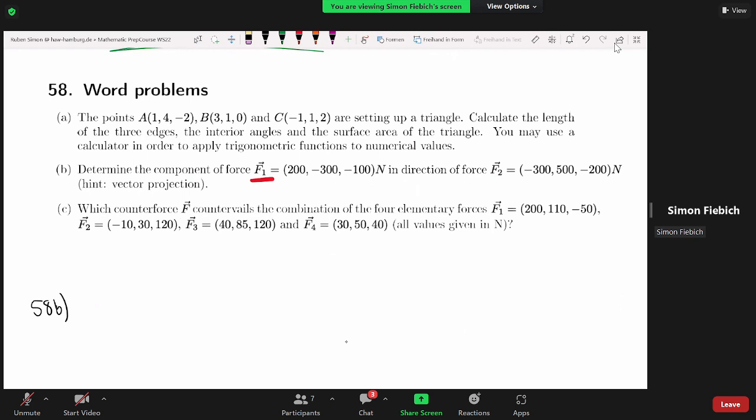So whenever there is a force, you will always be dealing with vectors. In physics, they used to simplify it for 7th and 8th grade students because they didn't deal with vectors back then, but actually every force in physics is a three-dimensional vector.